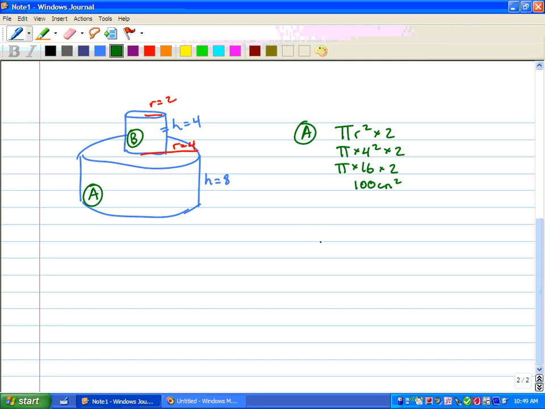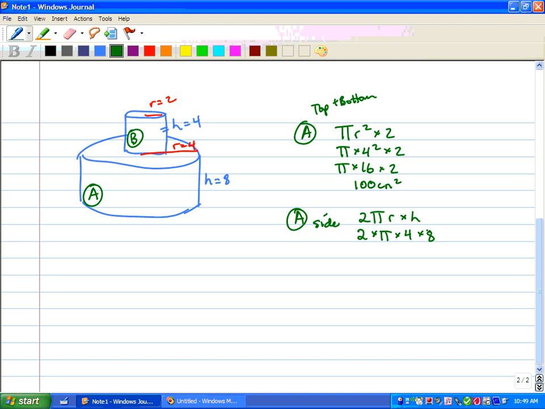All right. Now we need to do the area of the side. So this is going to be A, and this is the side. And we can write top and bottom here. All right. And our side is going to be 2 pi r times h. So 2 times pi times 4 times 8. All right.